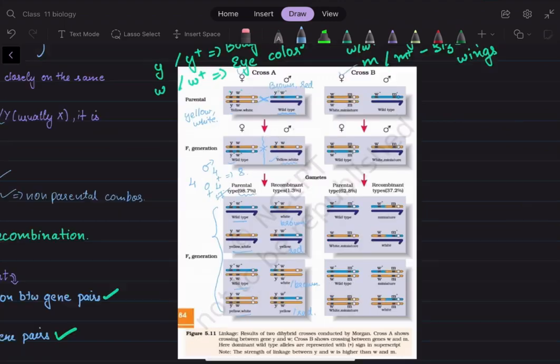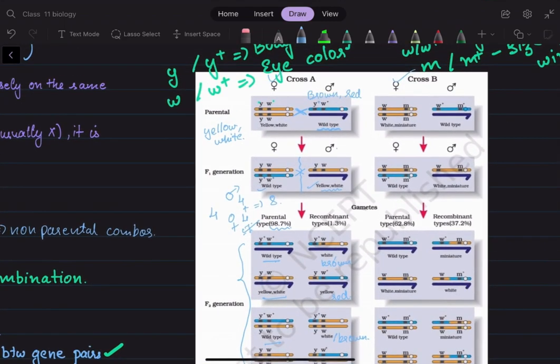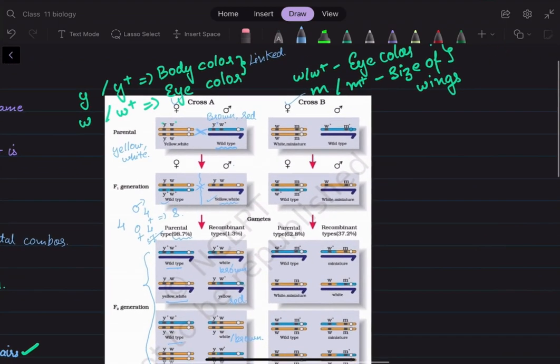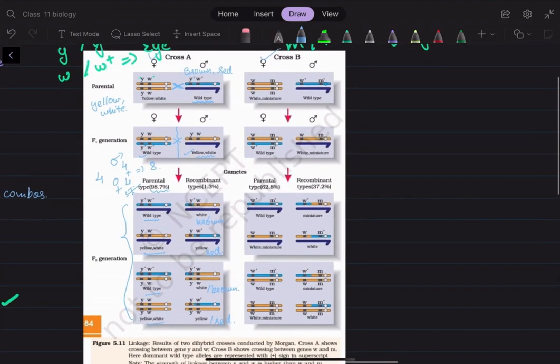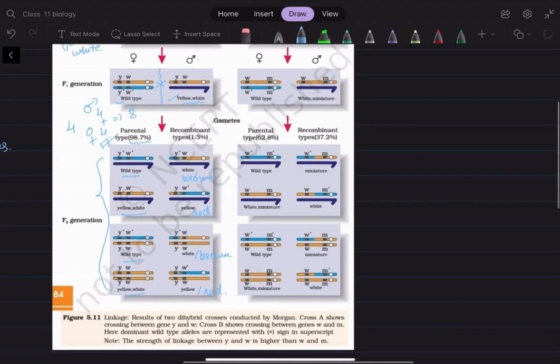By this we can conclude that these two genes, the body and eye color, are linked. That means they are present very closely on the same chromosome. Now if you take cross B between the eye color and size of the wings, you will see that 62.8% are parental and 37.2% are recombinant.